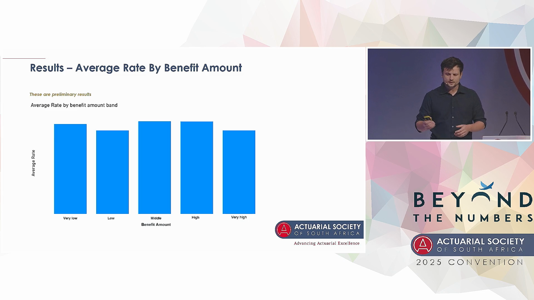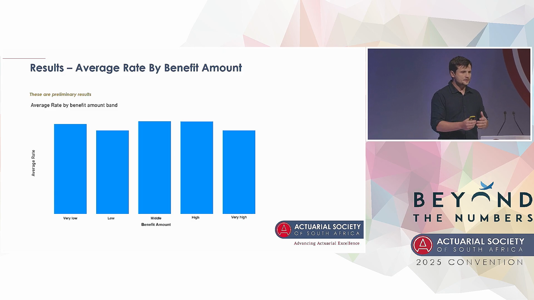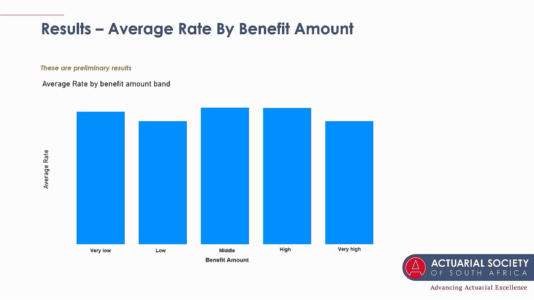Then I've classified them into very low, low, middle, high, and very high benefit amount or income. Your very low is slightly above the minimum wage, so that gives you an indication of where we're at. The very high is very high. I've split these into equal parts of the data, so we're looking at quantiles of the data there.